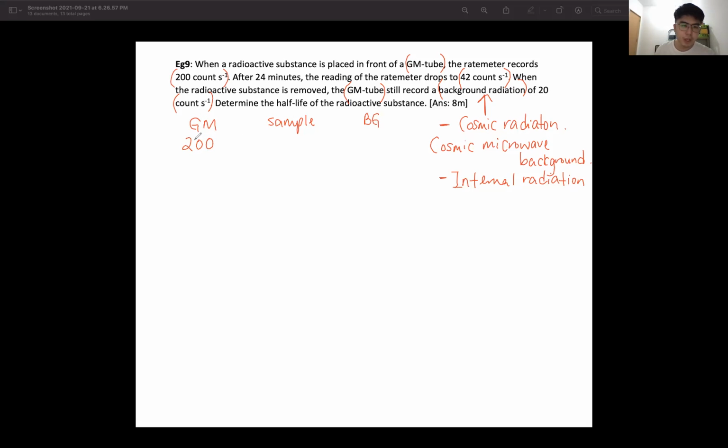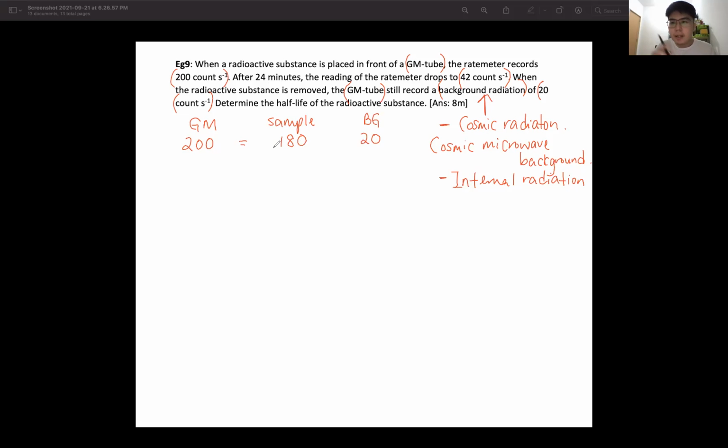Okay, so if the GM tube detects 200, does it mean that the sample is giving 200? Not necessarily, because here we have background radiation, right? So you have to be careful with this one. How much is the background radiation? 20 count per second. So here we have 20. And if the background radiation is 20, then how much is from the sample? 180.